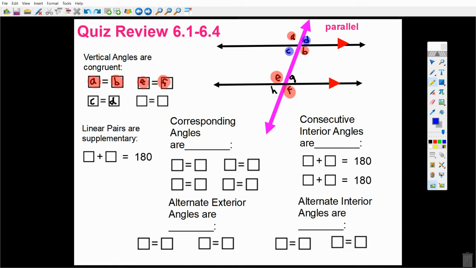And this is going to be blue also. And that would be G and H.